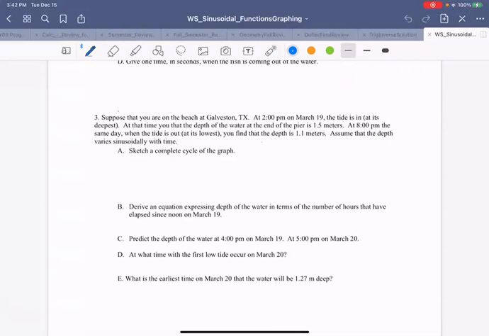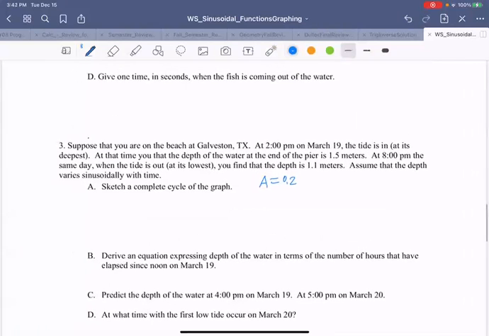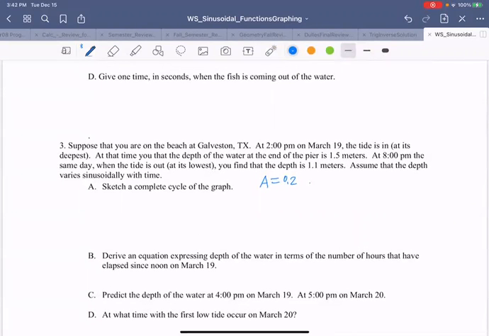Based on this, we can see the amplitude is going to be 0.2, right? 1.5 minus 1.1 divided by 2, that's 0.2. Yeah. And the midline y0 is going to be 1.1 plus 0.2, which is 1.3.